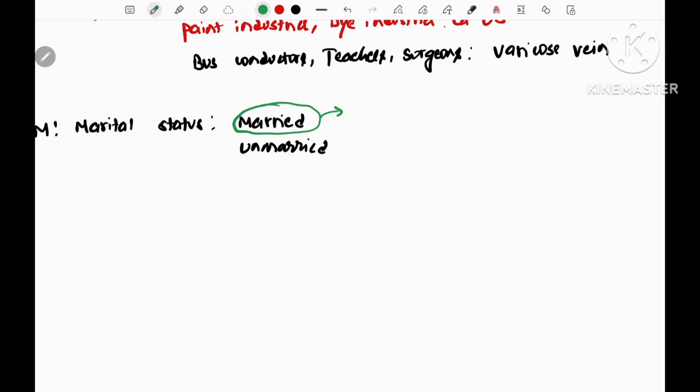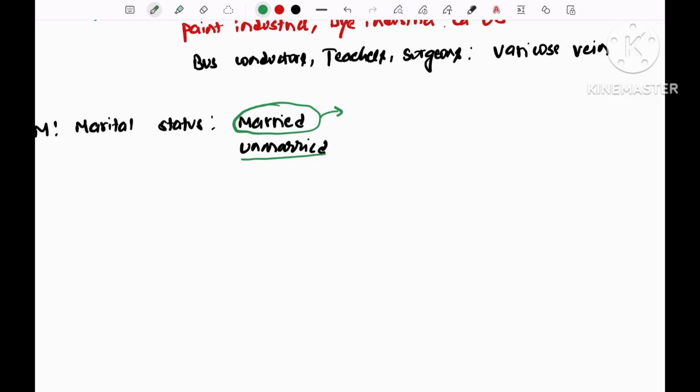But in case of unmarried, yes, there may be mother, father, and other family members, but there is no spouse, so there is a little problem in comparison to married. This is in case of adults; in case of children, there are no such problems.